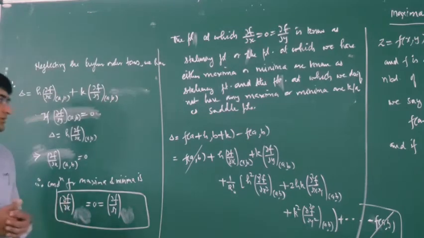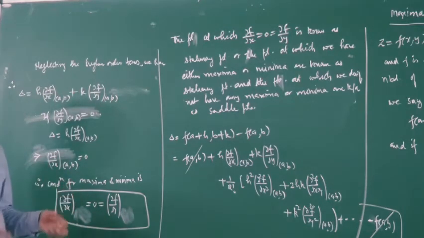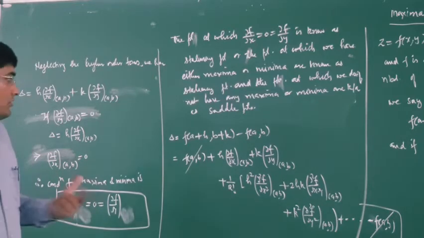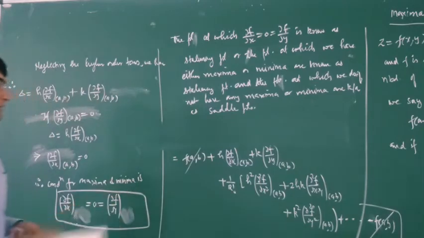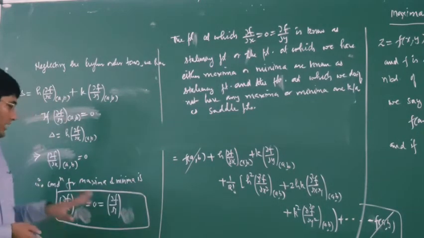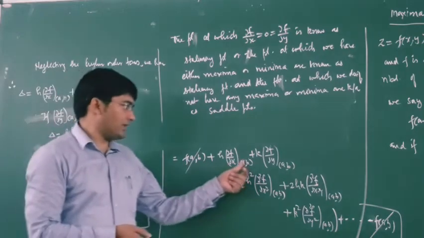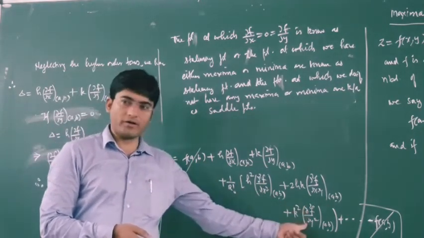Now let us find out the conditions for maxima or minima. Here this is your value of delta. We have already assumed that del f upon del x and del f upon del y are 0. So the value of delta will be this quadratic term.